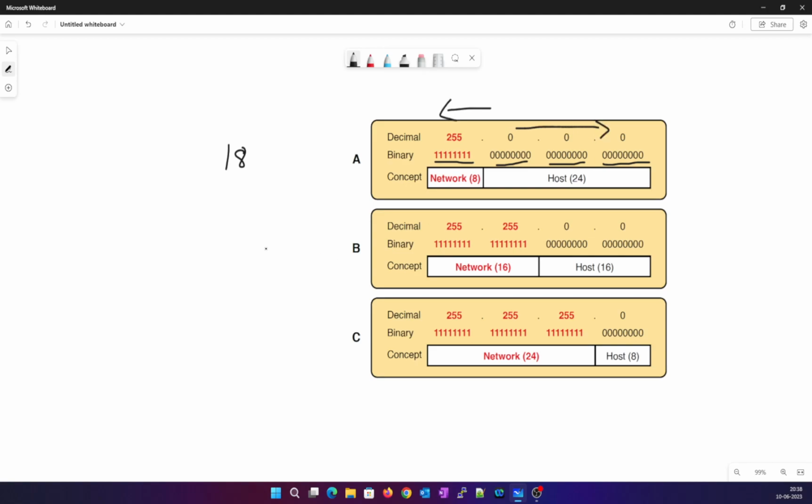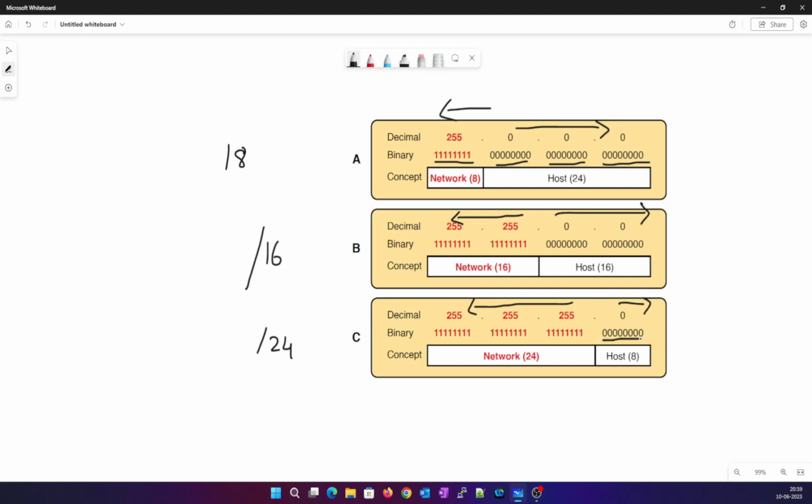Similarly, for class B, which has 16 as its slash number, the first two octets are all ones and they are on the left hand side, and zeros are on the right hand side. Similarly, for class C, which is /24, all ones are on the left hand side and all zeros are on the right hand side.